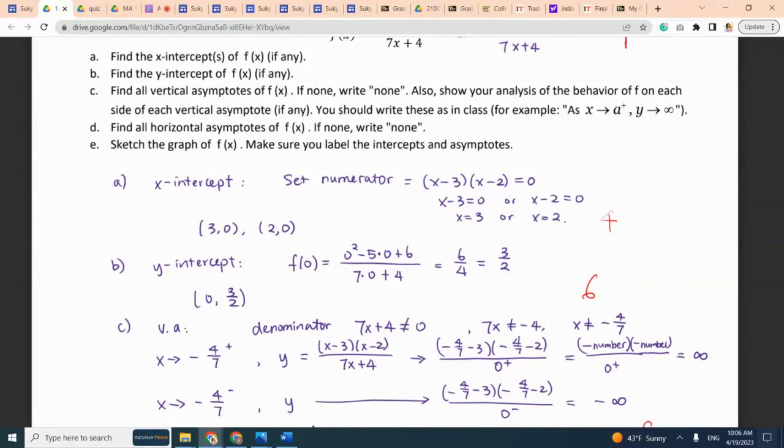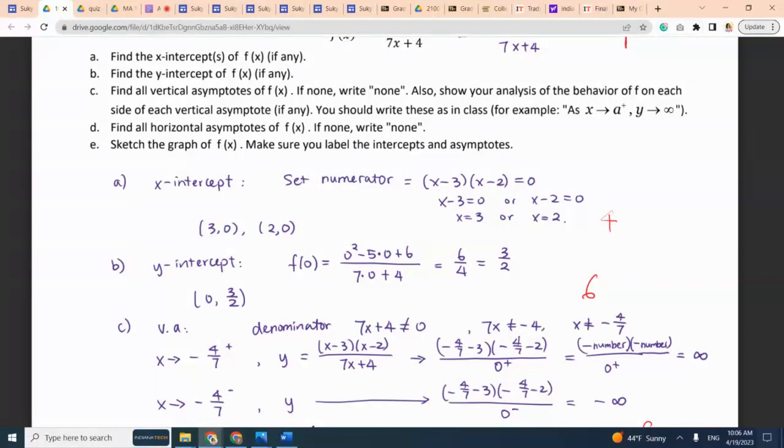Negative 4 over 7 minus 3. Negative 4 over 7 minus 2. And then your denominator goes to 0 plus. That's why you have negative number times negative number over 0 plus. You get 2 negatives, which give us positive. So we get positive infinity.